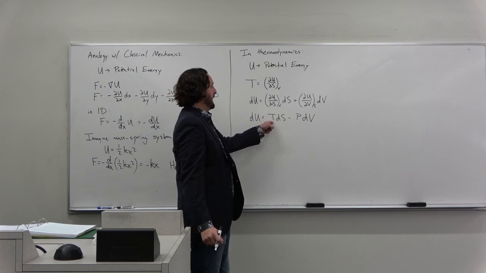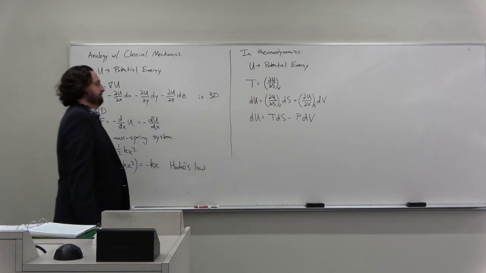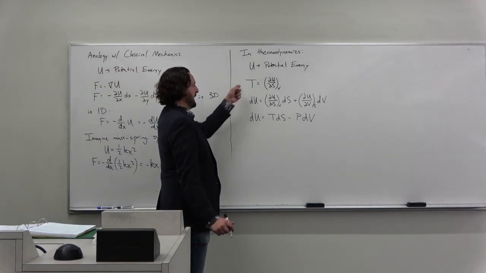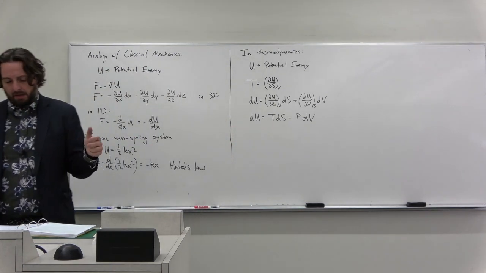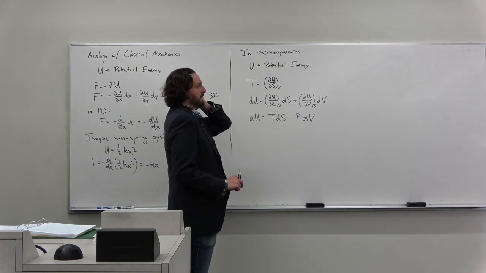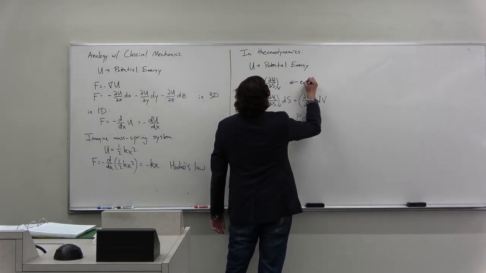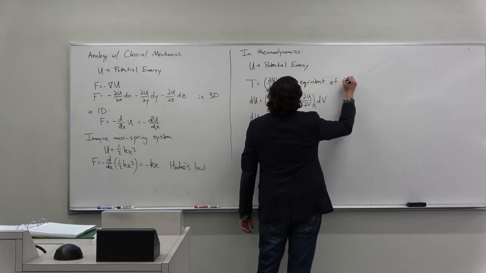So you can see T is partial U, partial S at constant V. So here you can see that now I have a potential. I take the gradient of it, or the partial derivative of it, I get the equivalent of a force.